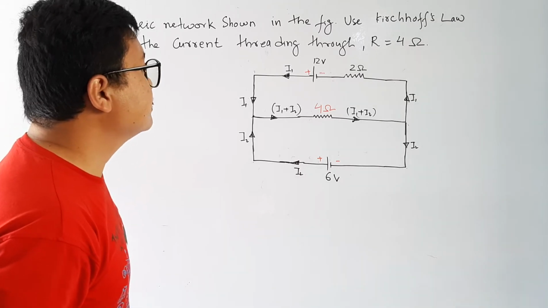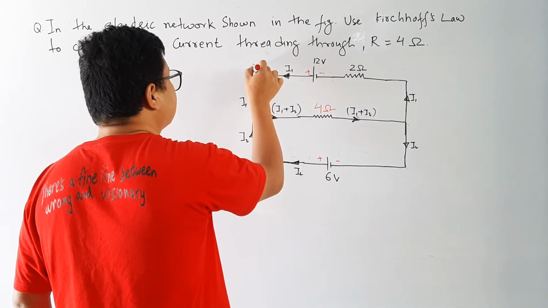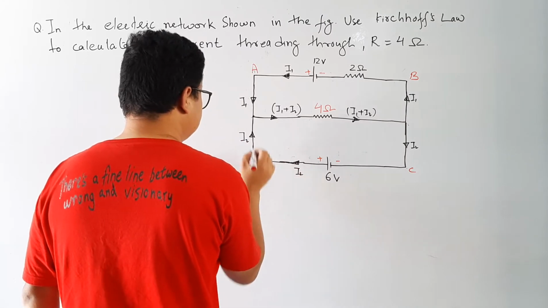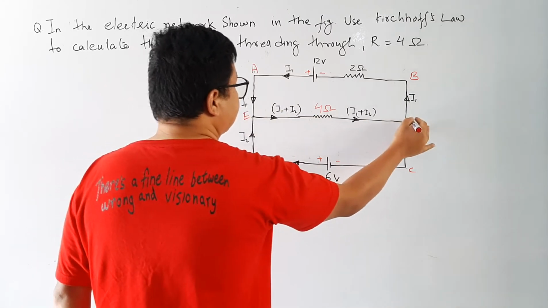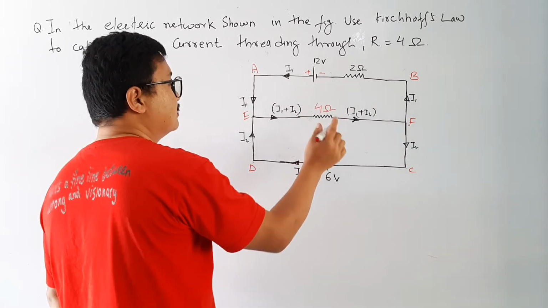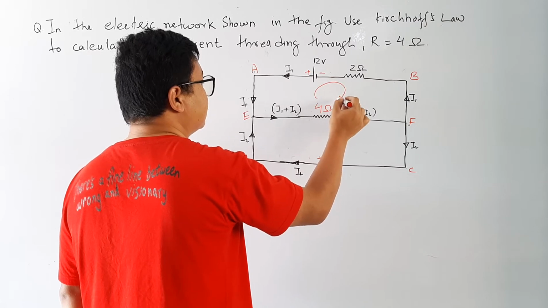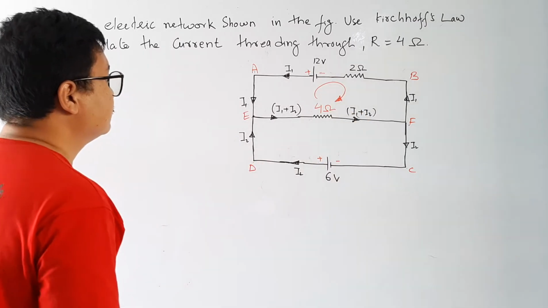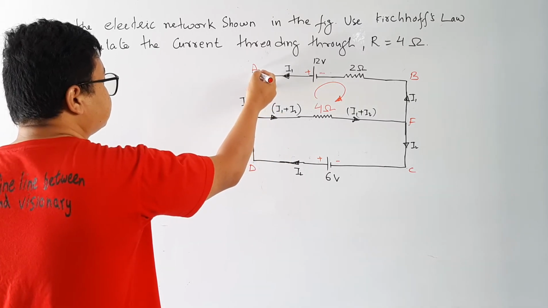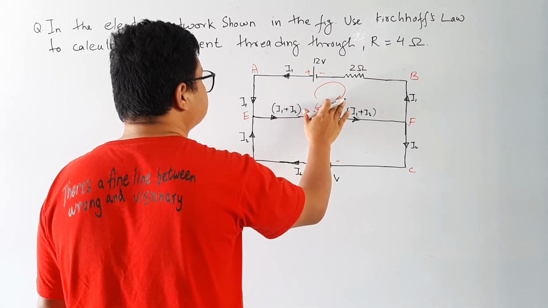Then we have to consider the loops in the second law. For that I will consider the points A, B, C, D, E and F. Now there are two loops. First let us consider this loop.